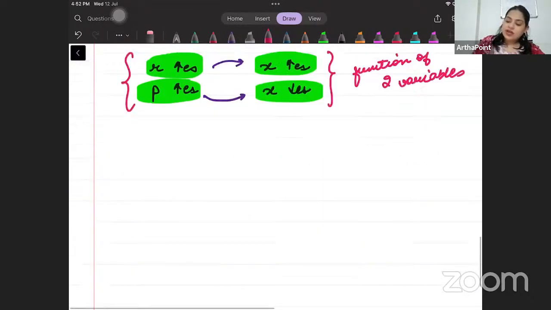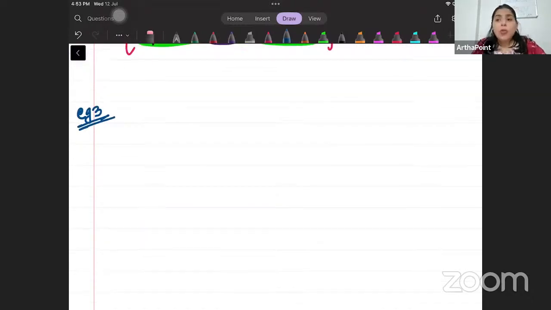Let us take one more example. Example number 3. तो इसमें हम क्या कह रहे हैं? We are taking any Cobb-Douglas function. But Cobb-Douglas functions बहुत important होते हैं from the intermediate microeconomics point of view. So I am taking a Cobb-Douglas function f of xy, and this is written as: a x to the power alpha, y to the power beta.